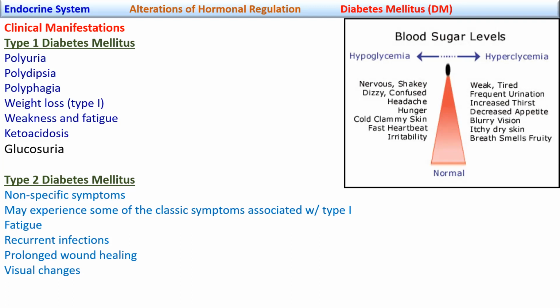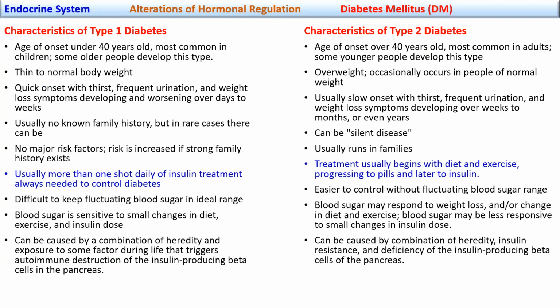So type 1 versus type 2 diabetes, these are the clinical manifestations of each, in which sometimes it's very difficult to differentiate between type 1 and type 2 because they're very similar.